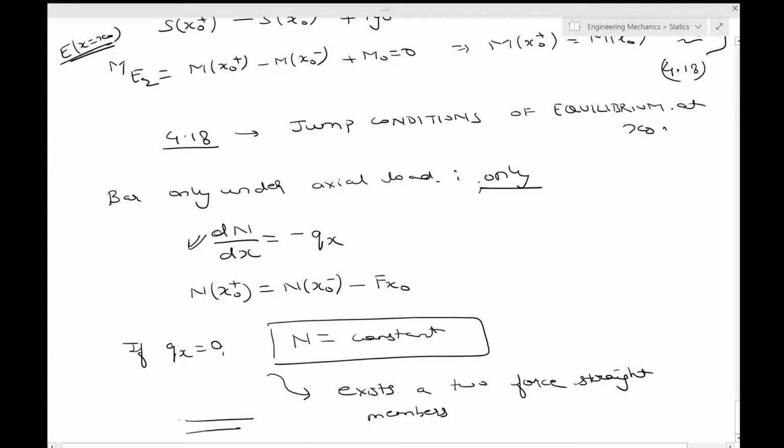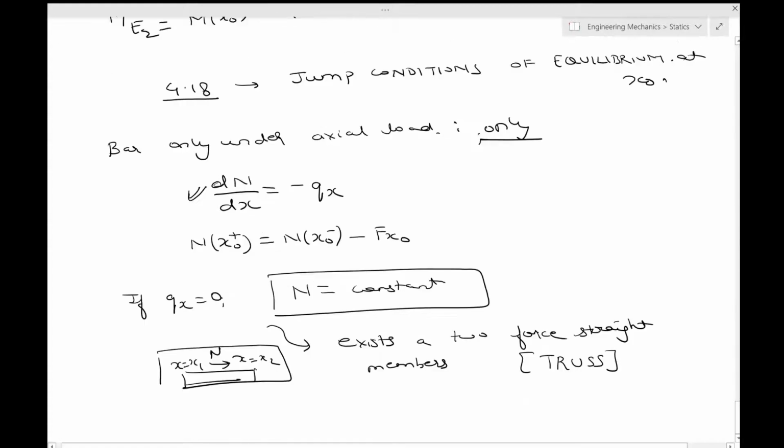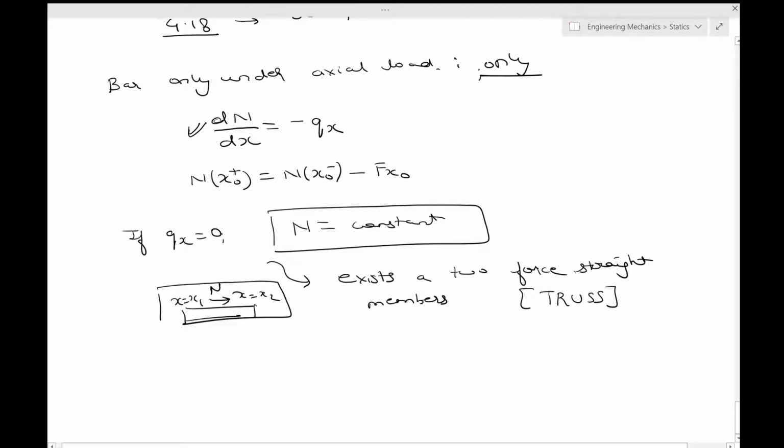Meaning that if you go from x equal to x1 to x equal to x2, the normal force N remains constant throughout. So this exists as a two-force straight member, and it is very commonly used in trusses, which will be the next topic which we study.